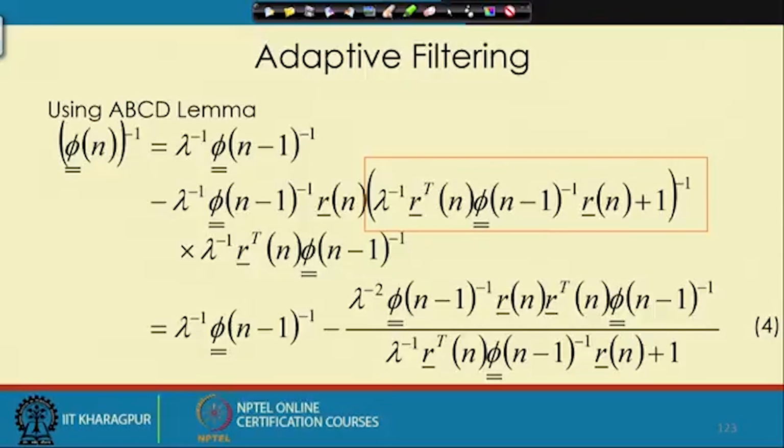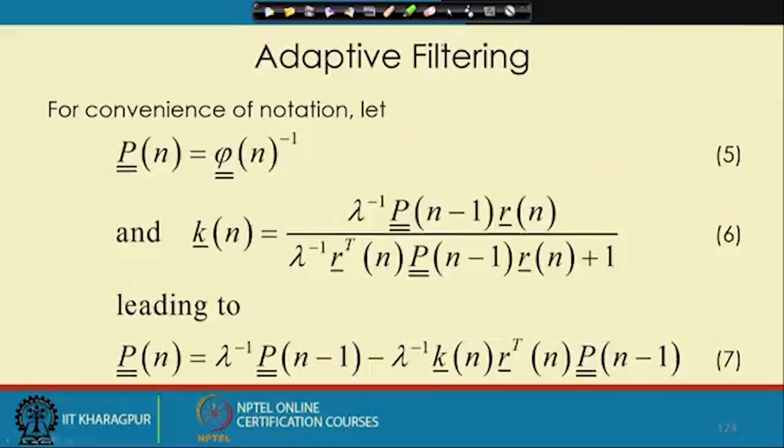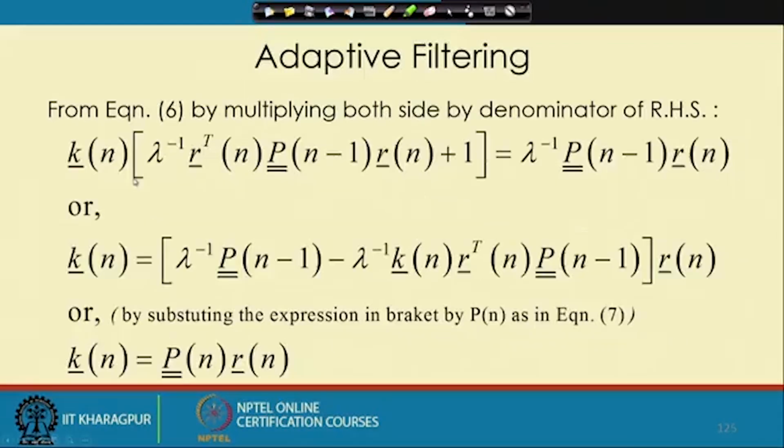Now, we look for further simplification to reduce the computation further, and to do that we make the notation a little simpler. Instead of phi n inverse we give it a new name, P n.